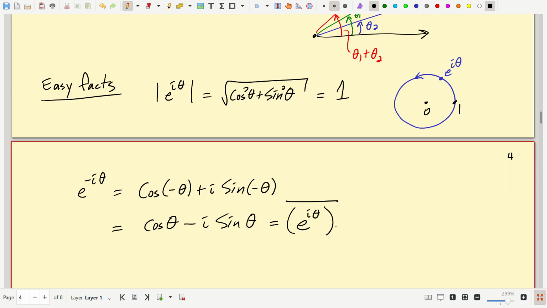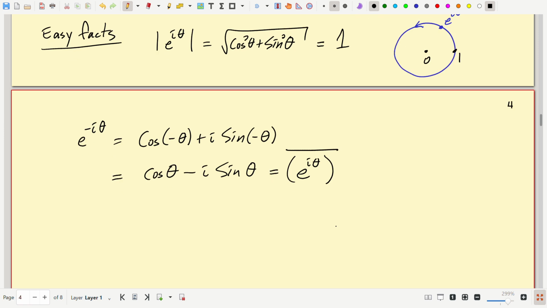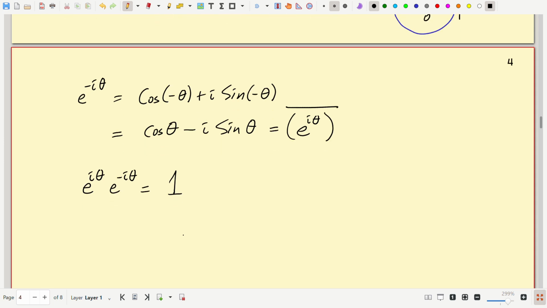And so we see from that, yeah, that's the formula I wanted. It's also easy to see that e to the i theta times e to the minus i theta is equal to 1. And so 1 over e to the i theta is e to the minus i theta.